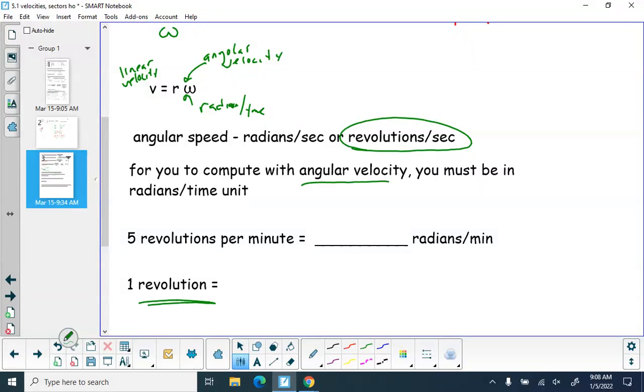Well, if I take a look at one revolution, one time around the circle, how many radians are in one revolution? 2 pi.